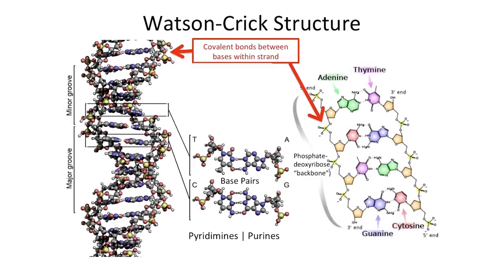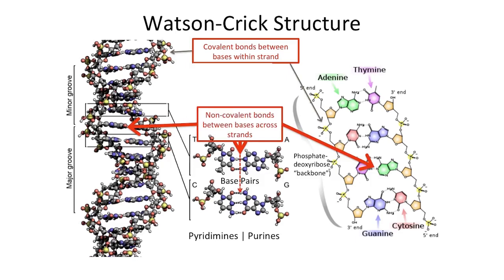That backbone of each strand is held together by covalent phosphodiester bonds, the alternating sugar phosphate backbone, and thus the surface of DNA itself is highly negatively charged. The two strands come together through non-covalent hydrogen bonds that hold these bases together at the center of the structure.